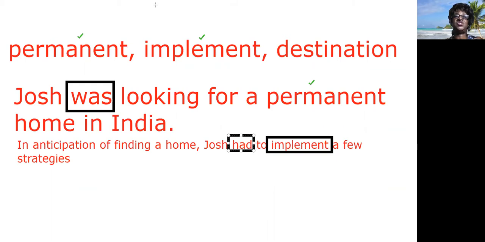Let's find out what else Josh did. Josh was looking for a permanent home in India. In anticipation of finding a home, Josh had to implement a few strategies. Let's find out what some strategies were used.